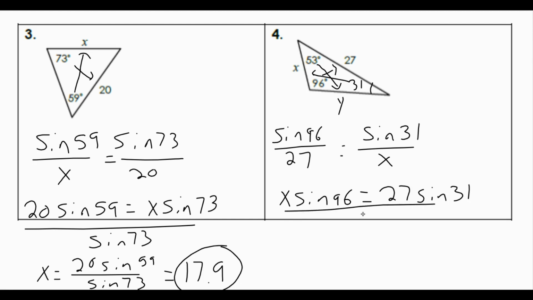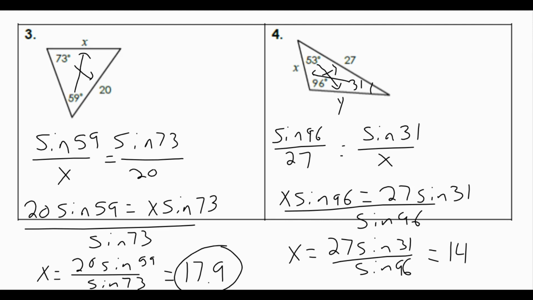I would divide everything by sine 96. So x is equal to 27 sine 31 over sine 96, which would give me a side length of 14. So if I don't have one of the angles that's opposite a side, I can use the fact that I have a triangle and two angles, subtract those two angles from 180 to give me the missing angle.